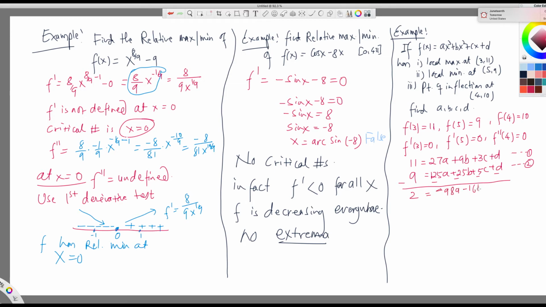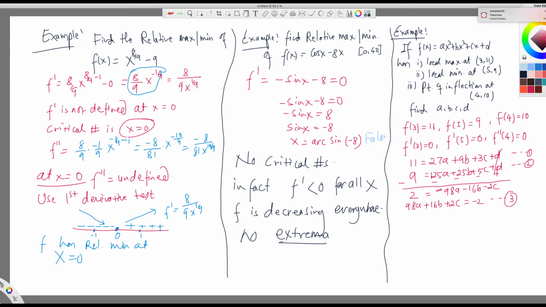Minus 16b minus twice c, and that will cancel out, right? So basically you get this equation, right? Or if you want to, you can multiply both sides by negative 1, and then you will get 98a plus 16b plus 2c equals to negative 2. Let's say this is equation 3.